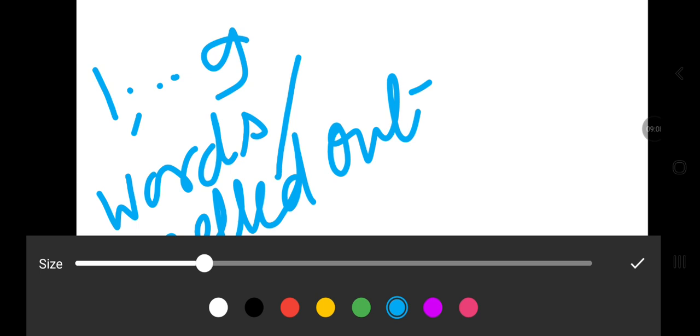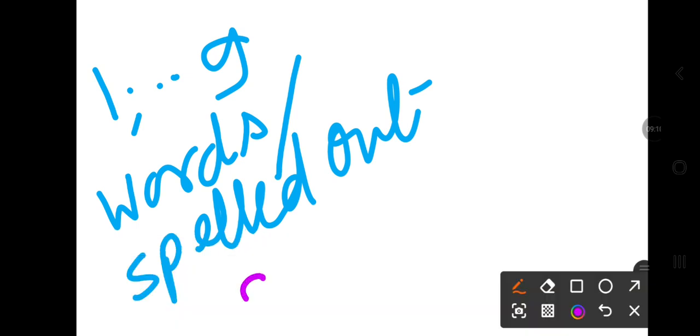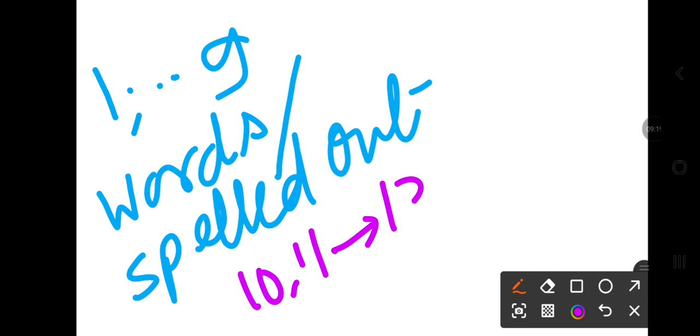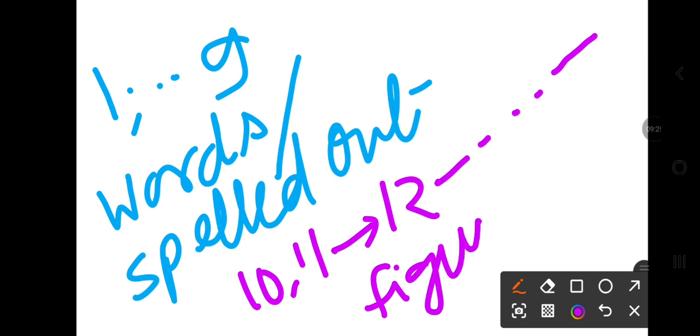And another rule is that from 10, either 10 or 11, but then from 12 onwards, whatever the number is, should be written in figures, right?